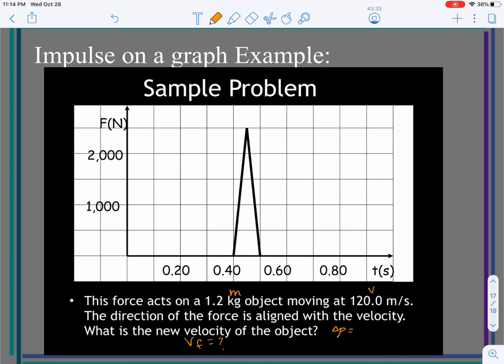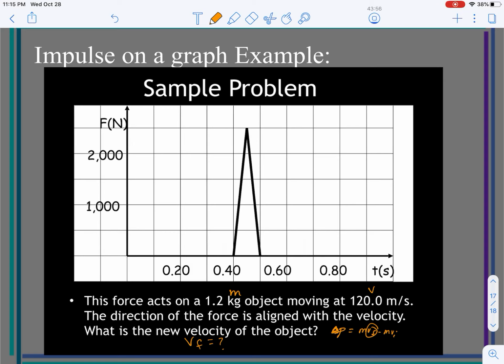We should understand that the change in momentum is going to be mv final minus mv initial, and we are solving for this final velocity. Okay, that's what the question wants us to do. In order to calculate that final velocity, I have all of these variables on the right.